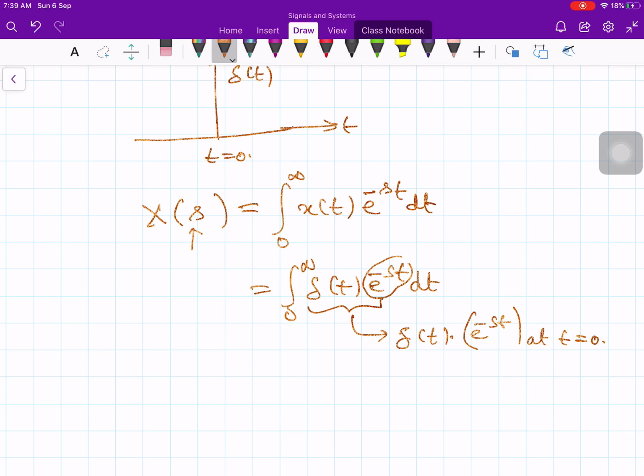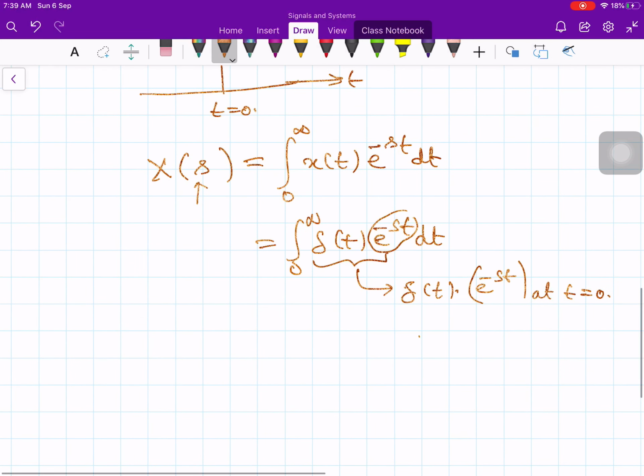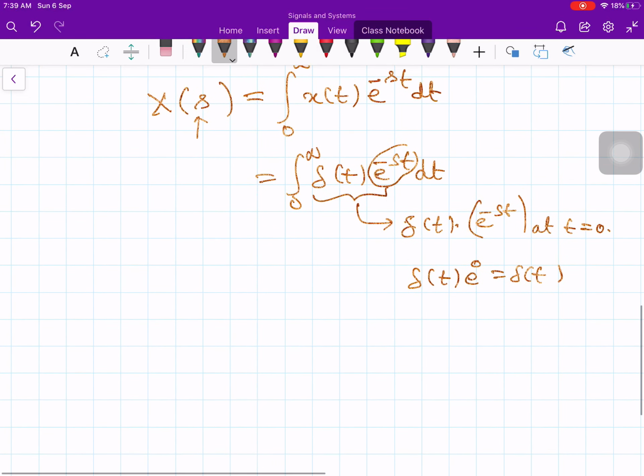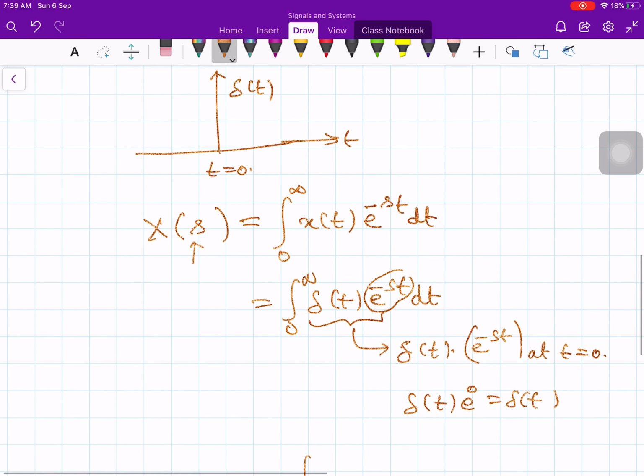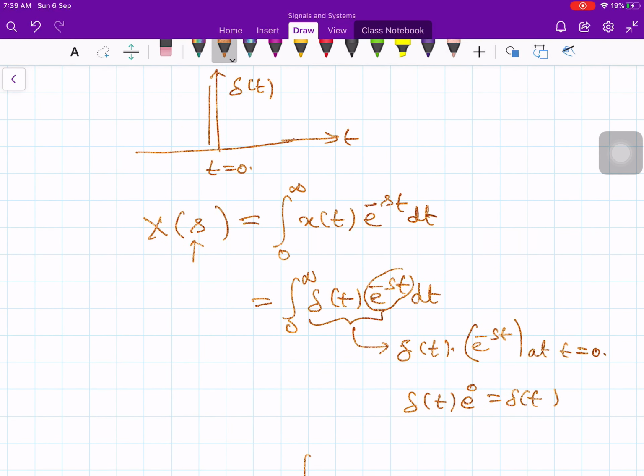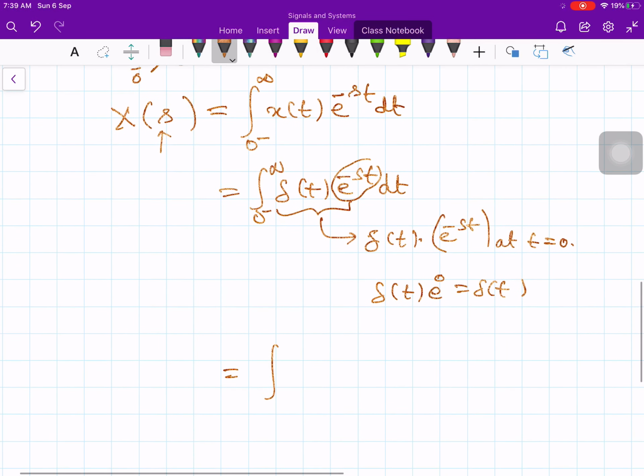Therefore, del of t times e to the 0 is again del of t. So you are having an impulse that has a finite width, and this point is 0 minus and this point is 0 plus. Therefore you start your integration from 0 minus to infinity.